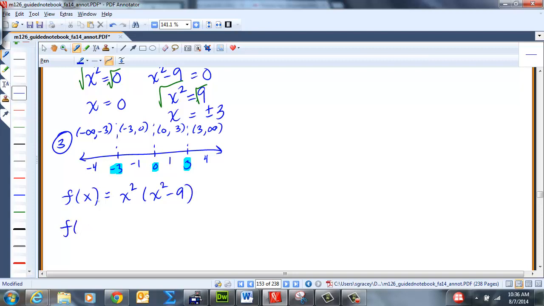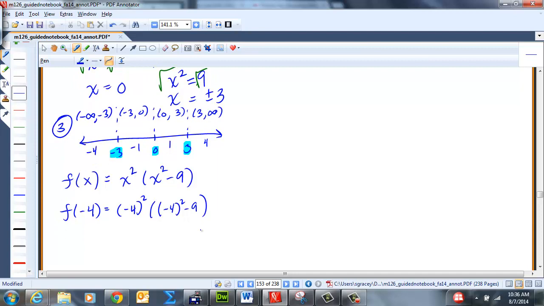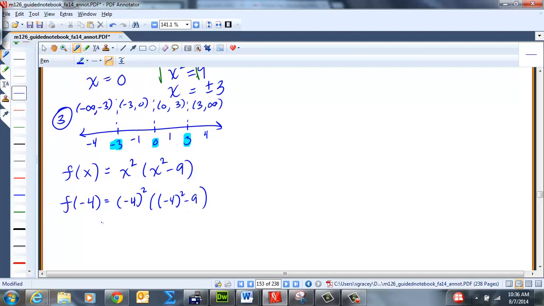So f at -4 will be -4 squared times -4 squared minus 9. So we will get 16 times 16 minus 9, which is 7, and that's something that is positive, 112, which is greater than 0. So we'll put that in here.